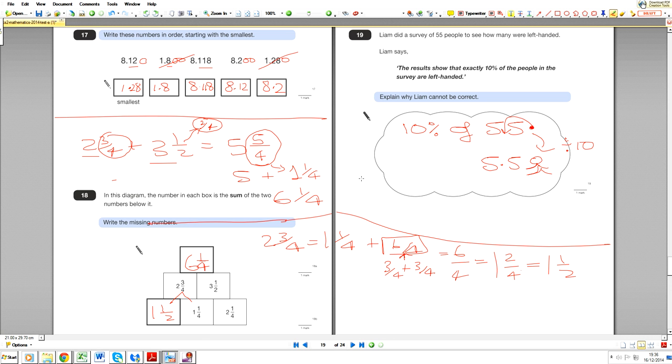So write down here, 10% is 5.5 people. This is impossible, as you can't have half a person, unless you chop him in half.